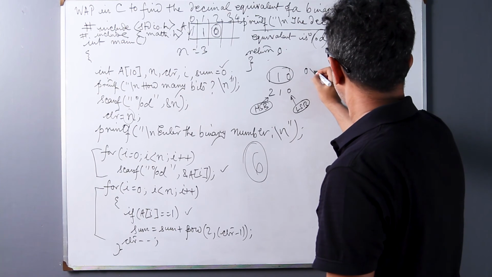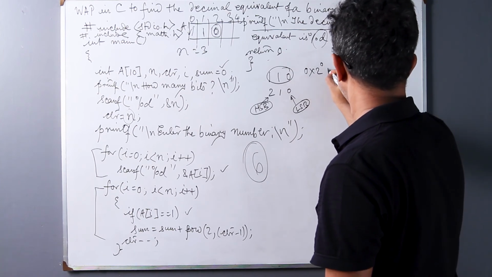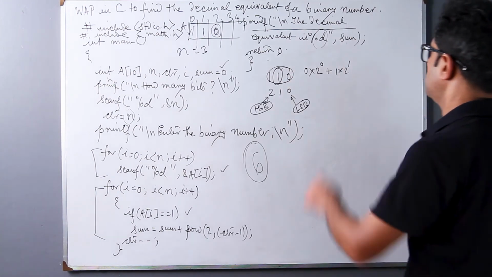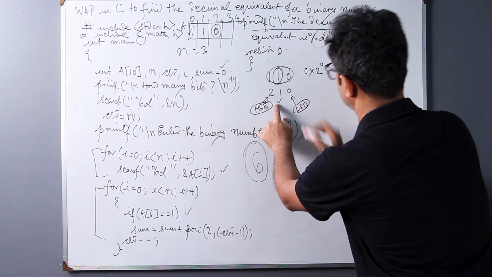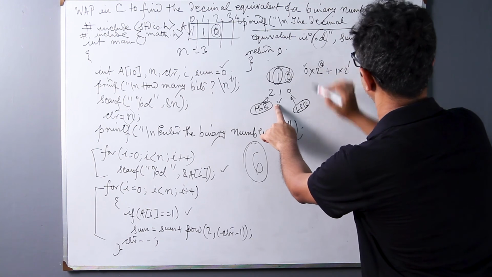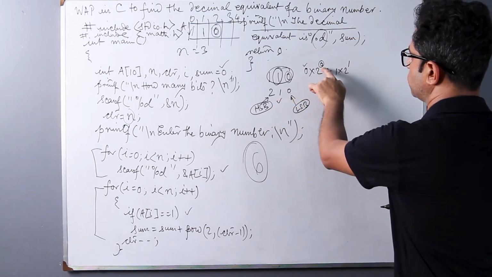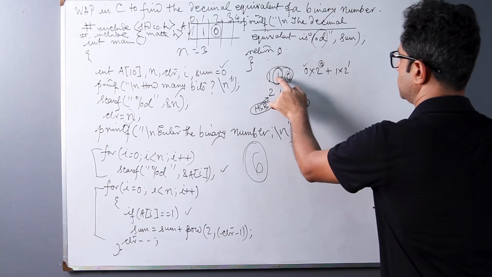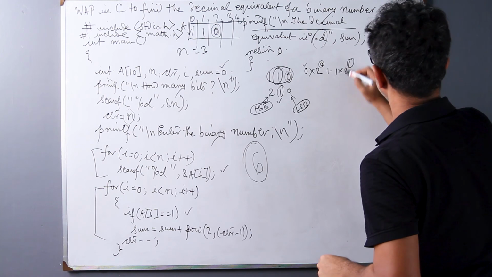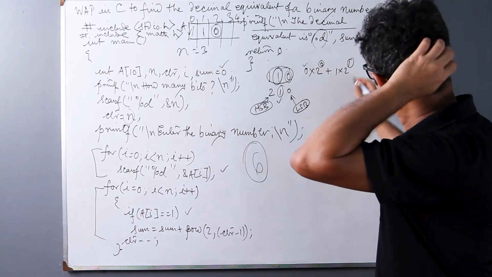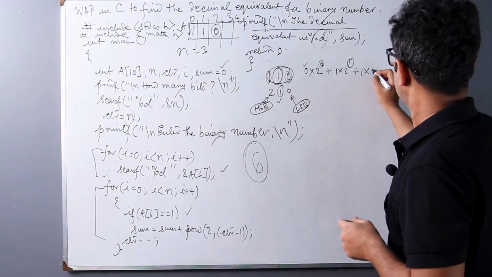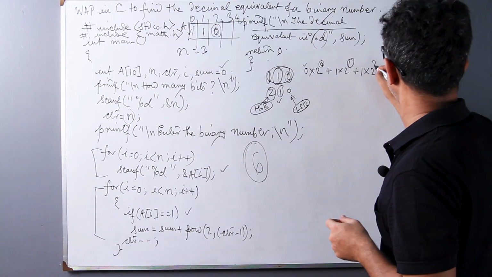So 0 into 2 to the power 0, plus 1 into 2 to the power 1, this 1 is this one, so this position is taken as power 1, plus 1 into 2 to the power 2, this is position 2.